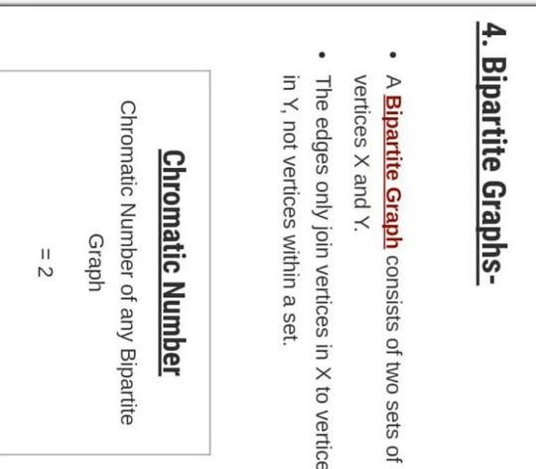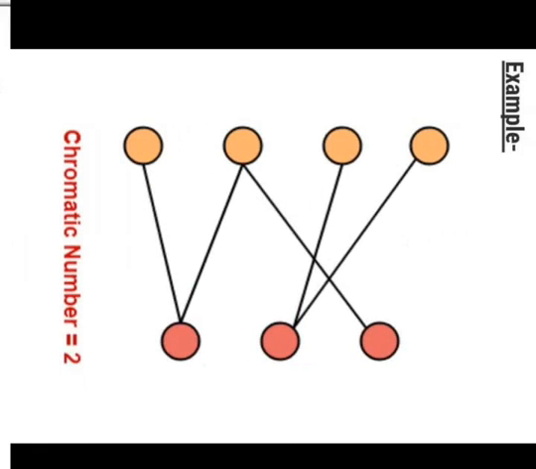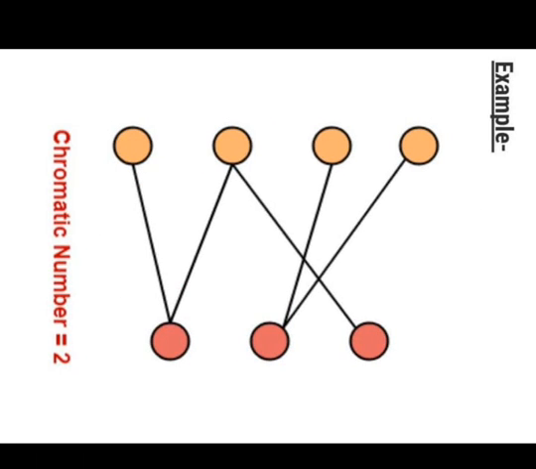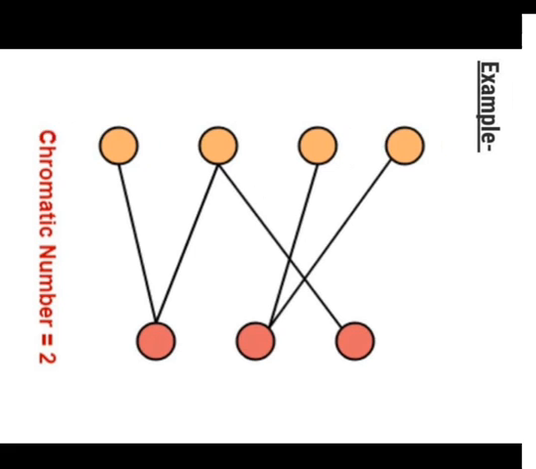So the chromatic number for a bipartite graph is 2. We have already studied the bipartite graph in detail in the first lectures. This is an example of a complete bipartite graph having chromatic number 2.